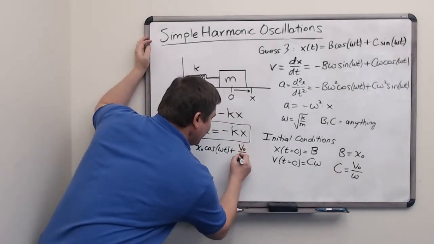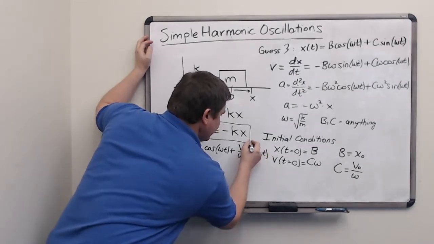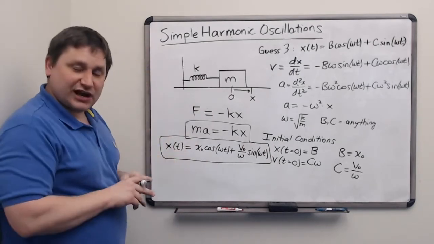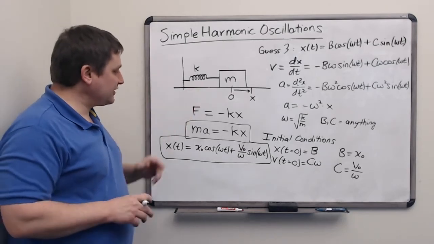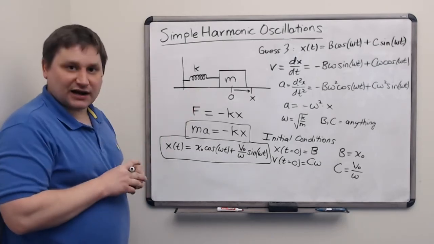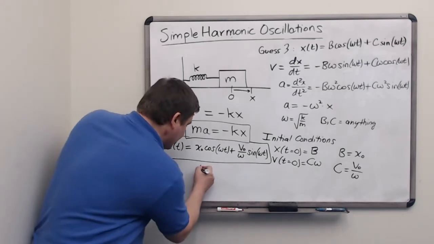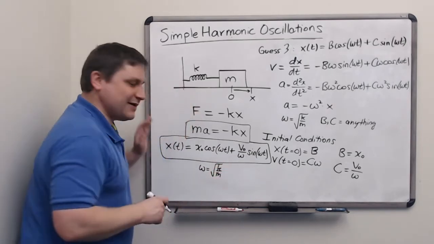So v0 over omega times sine omega t. All right, and I'll put a box around that one. And that is our most general possible solution to this one-dimensional, frictionless, mass-on-spring harmonic oscillator with all the initial conditions included. And omega, of course, has to be equal to square root of k over m to make it all work out.